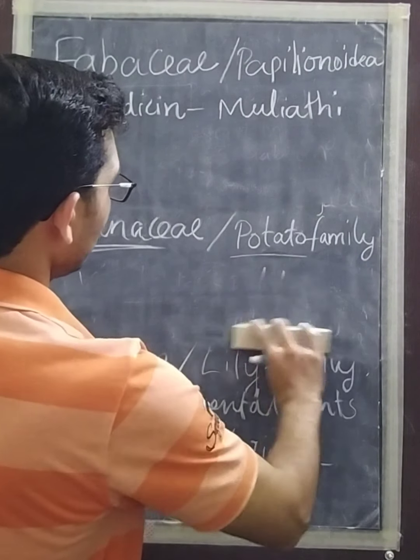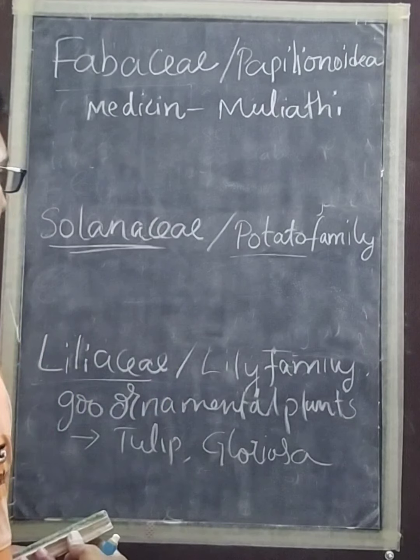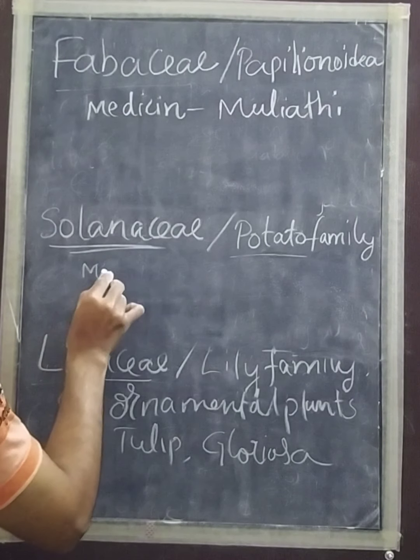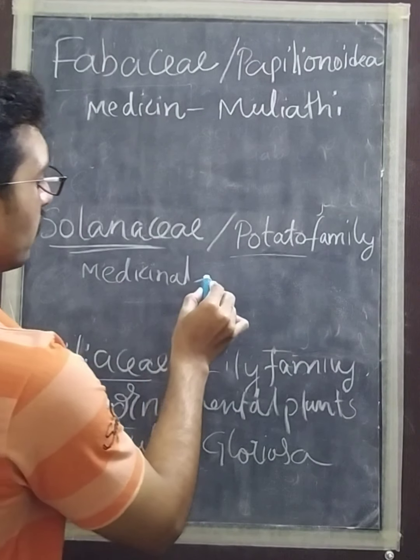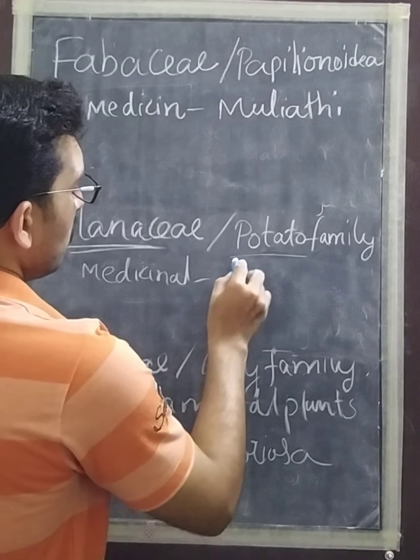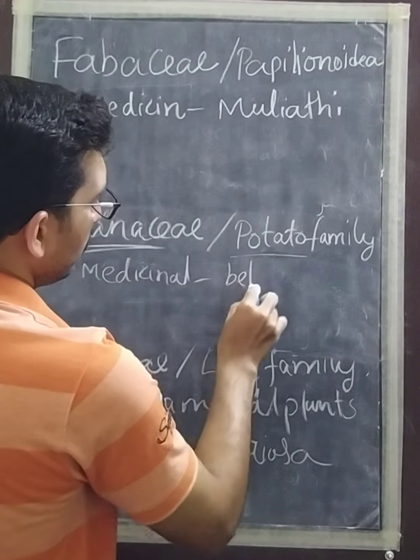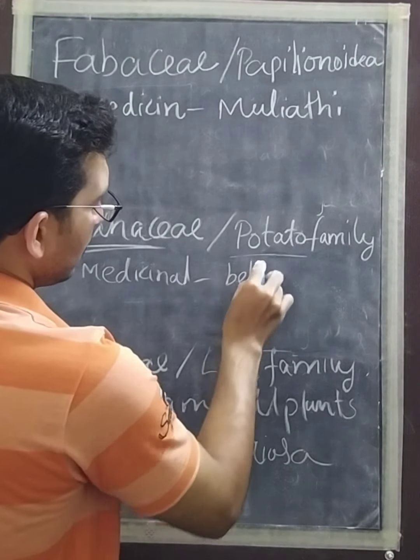So when it comes to the medicinal plants of Solanaceae, here we have belladonna and ashwagandha.